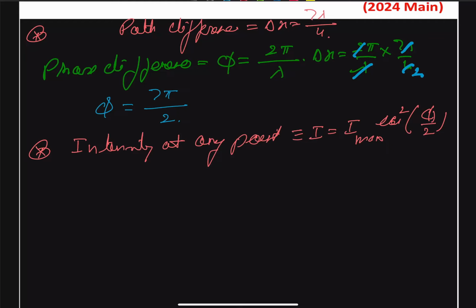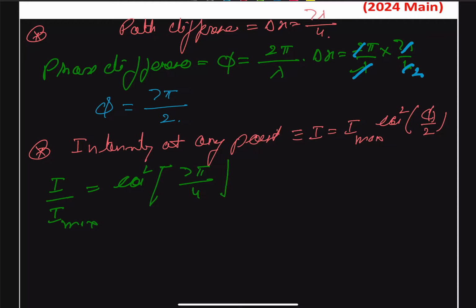We are supposed to find the ratio, so we can write this as I upon I max equal to cos square of phi by 2. Phi we already know is 7 pi by 2, so this becomes 7 pi by 4.